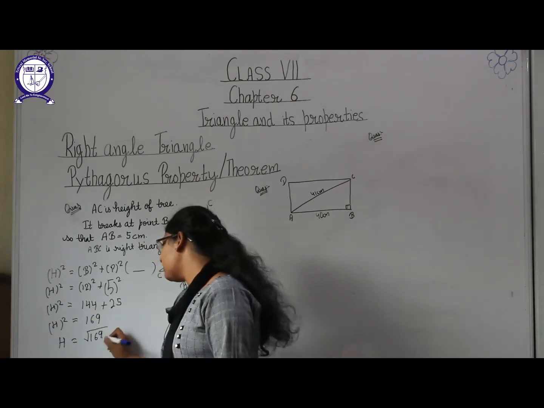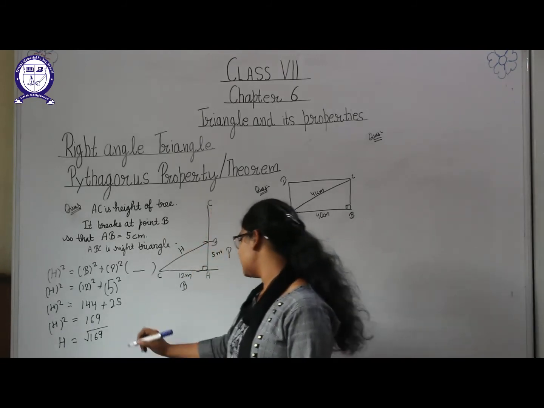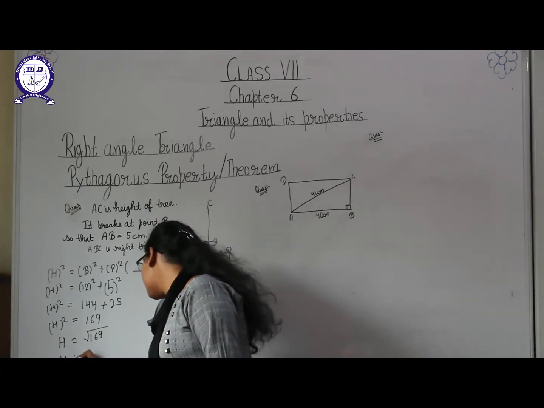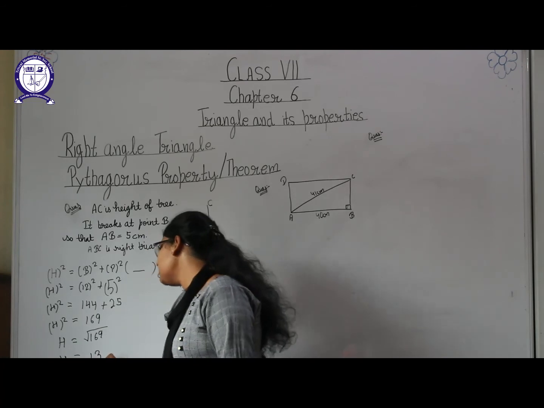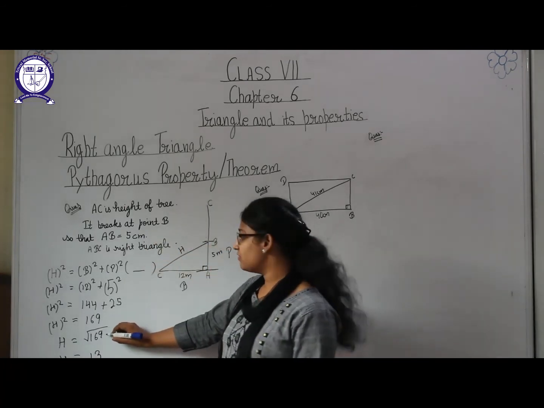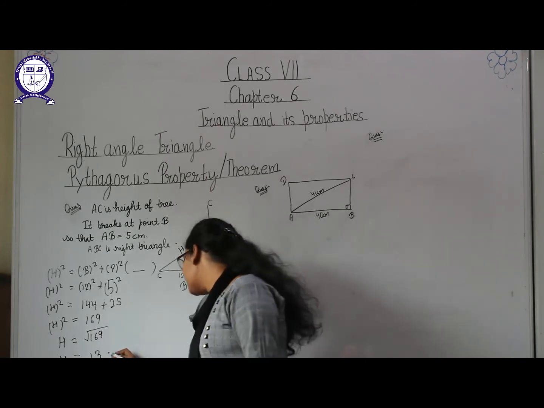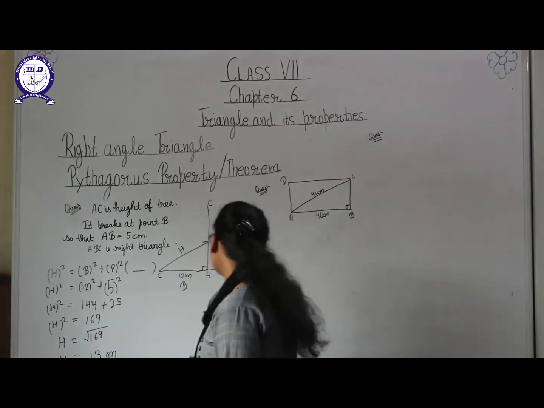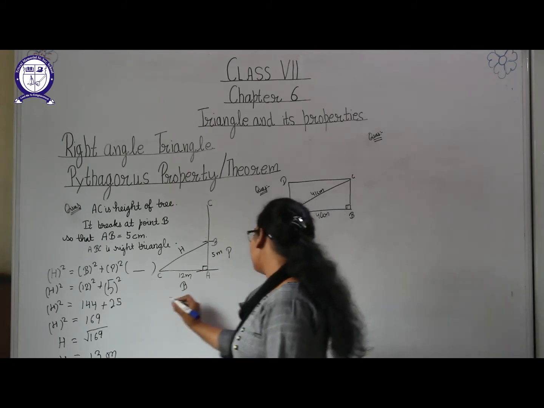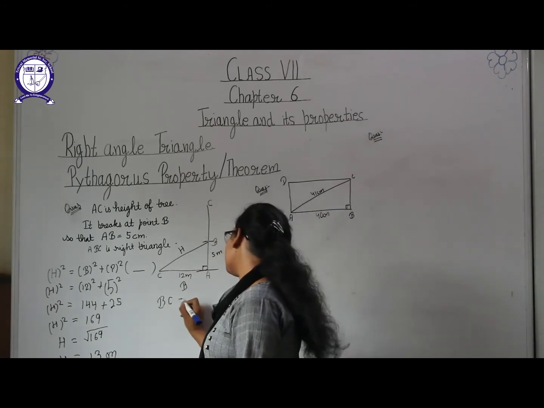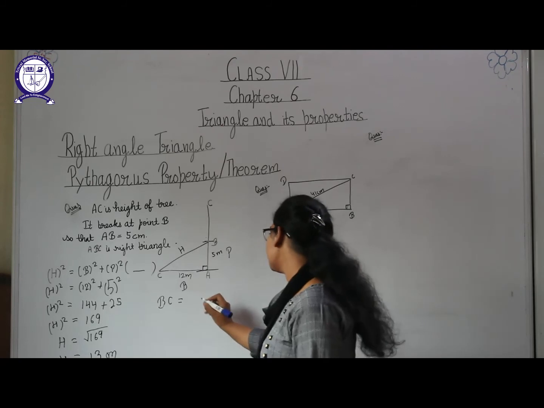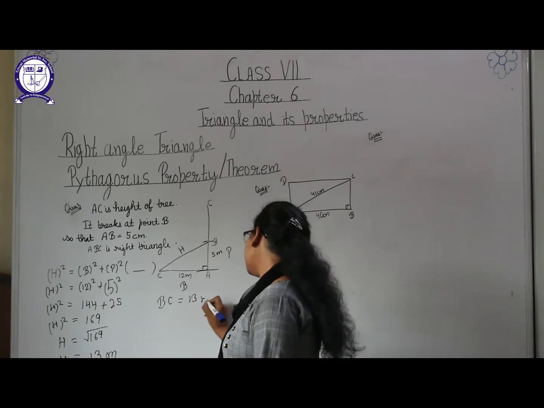It means we need to find the square root of 169. And what is it coming? It is coming 13, because if you do 13 multiply 13, we are getting 169. It means square root of 169 is 13. So we get hypotenuse as 13 meter. So BC was the hypotenuse, so we get BC as 13 meter.